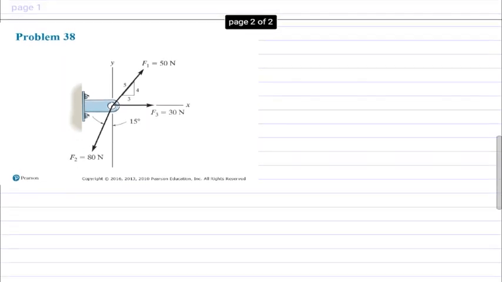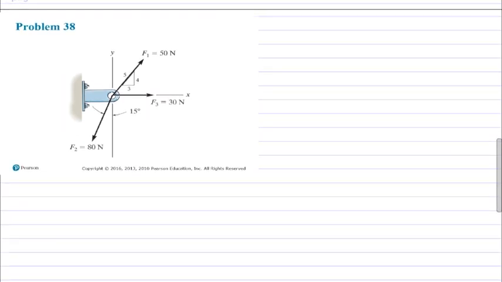So this is problem 2-38 in your textbooks. The problem essentially is there is some kind of a hook or bracket that's attached to a wall, and at the end of the bracket there are three different forces acting on a single point. There's a reference axis given, x and y.